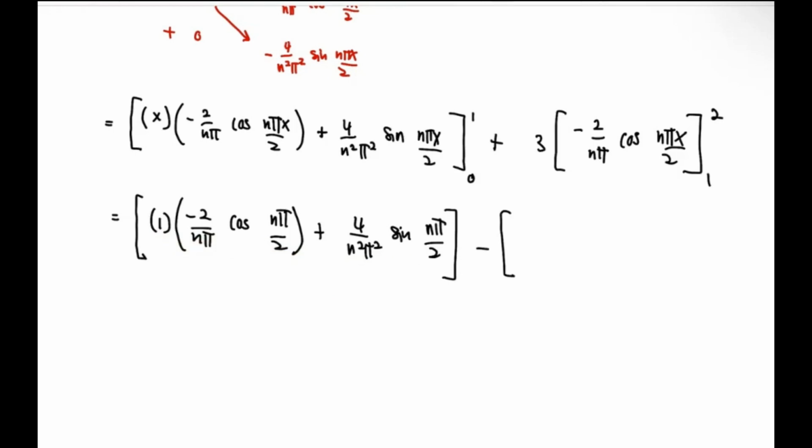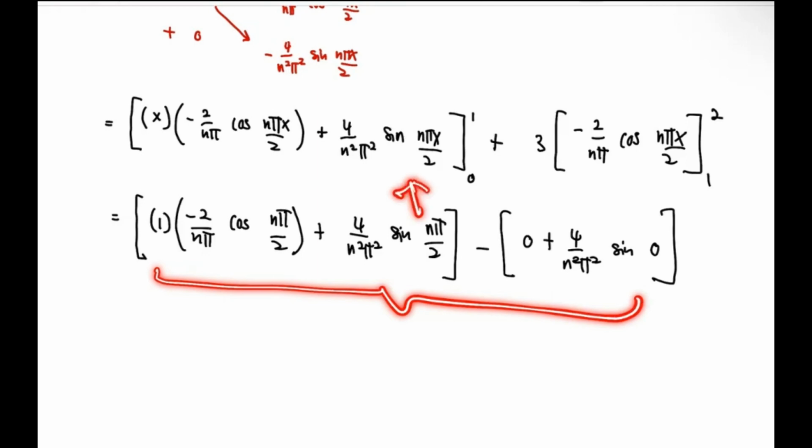So if I substitute 0, 0 multiplied by this one, I want to simplify my writing, because 0 multiplied by whatever number is 0. So I just write 0 plus 4 over n square pi square sine 0. This one also should be 0. So 0 plus 0. So I close the bracket. So this is for this one.